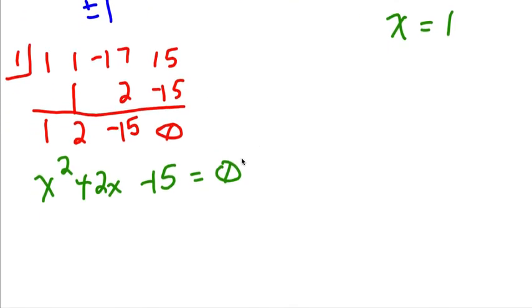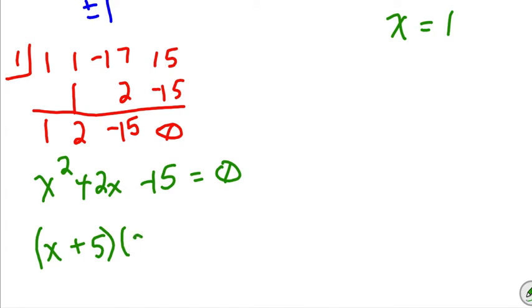Now we want to see, again, you could factor, you could use the quadratic equation, whatever. But this one right here does factor nicely. This is an x plus 5 and an x minus 3. I don't know why I switched colors there randomly. Go back to my green.